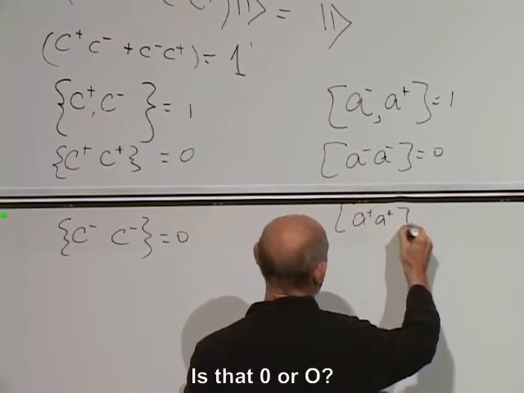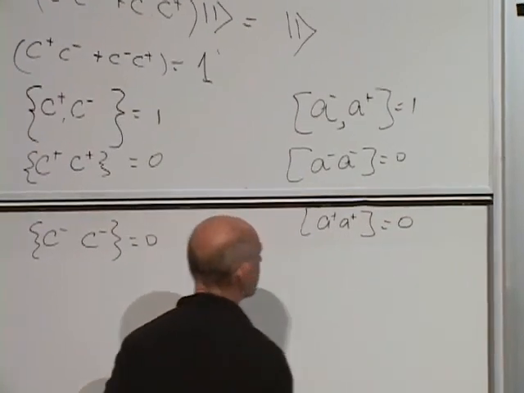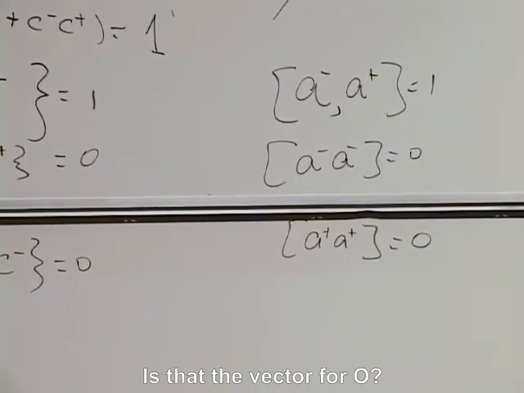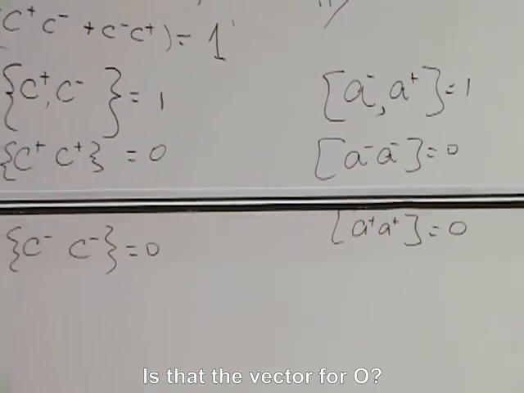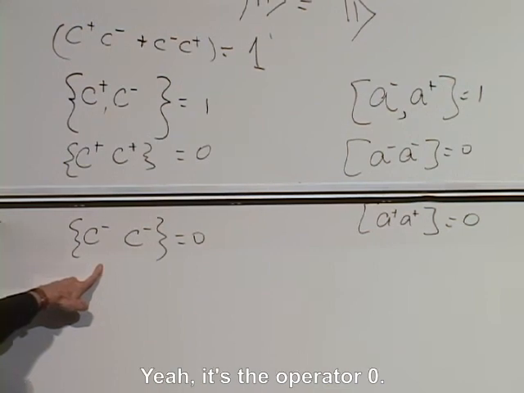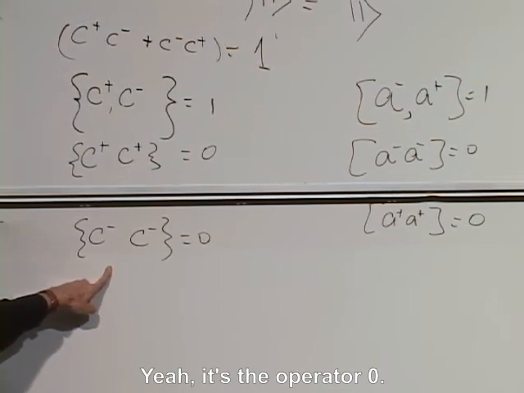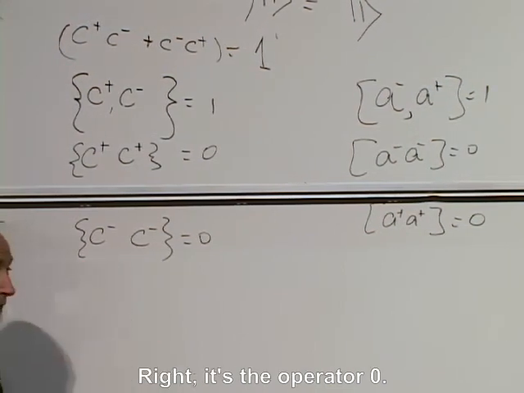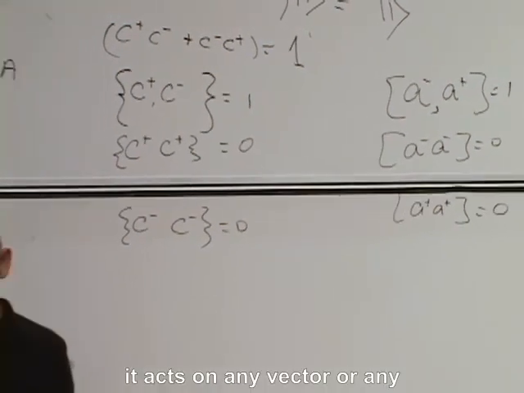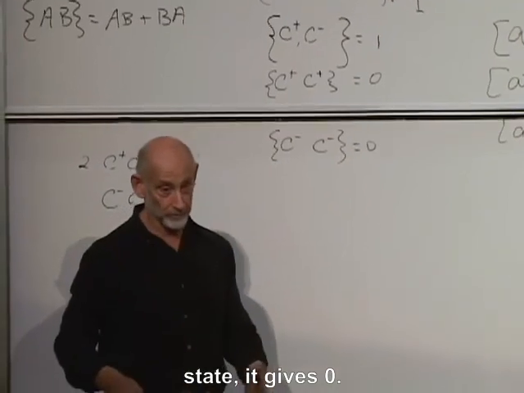Is that 0 or O? It's 0. This is an operator, not a vector. It's the operator 0. The operator 0 is such that when it acts on any vector or any state, it gives 0.